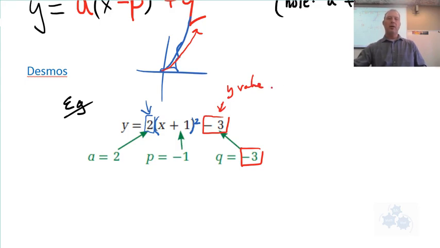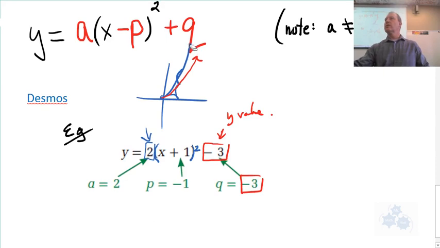Now, I want to focus on p here, because this is where students forget that they have to do a little switcheroo. Notice that the form of this equation is x minus p.